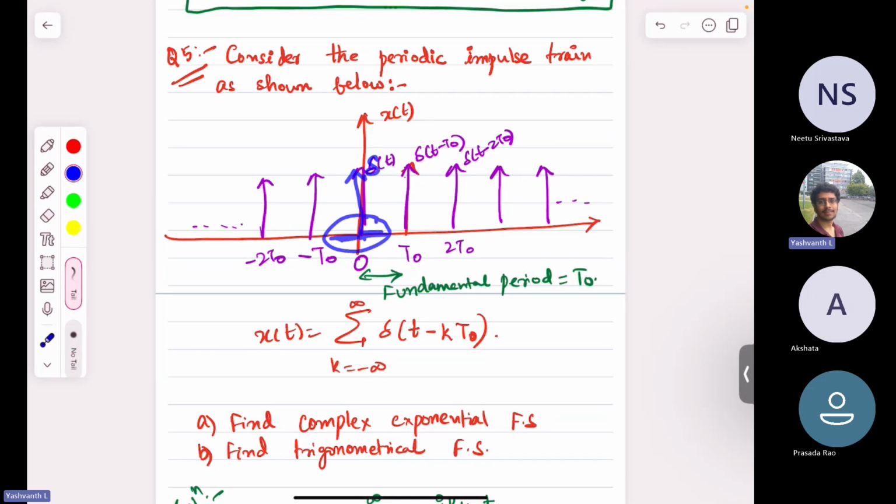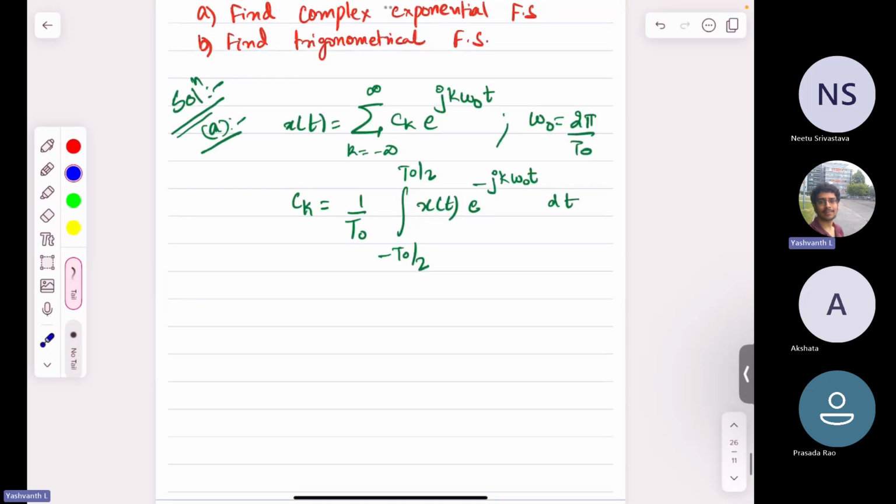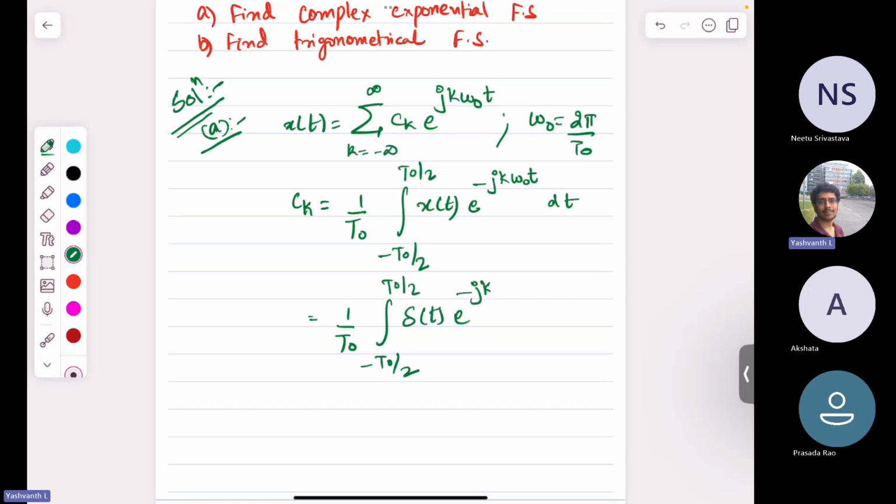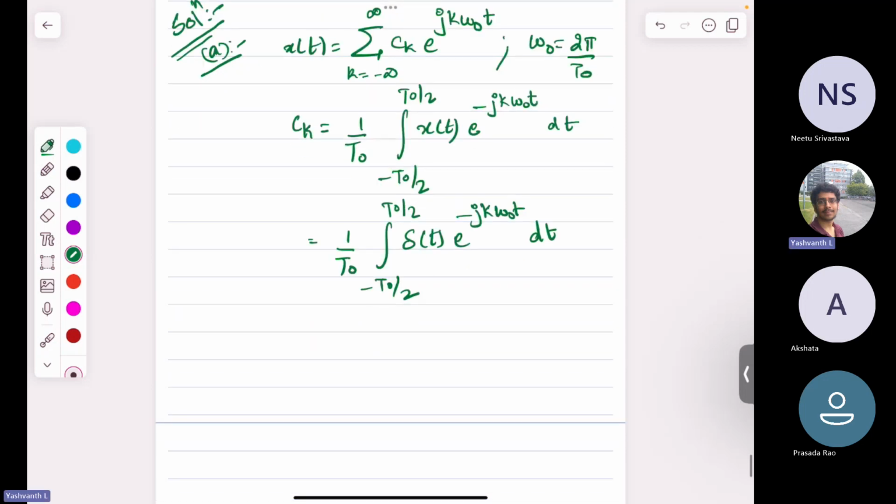Everywhere else it is 0. That means it's nothing but 1 by T naught, integral from minus T naught by 2 to plus T naught by 2, delta of t into e raised to minus j k omega naught t dt. Now tell me, what is this?